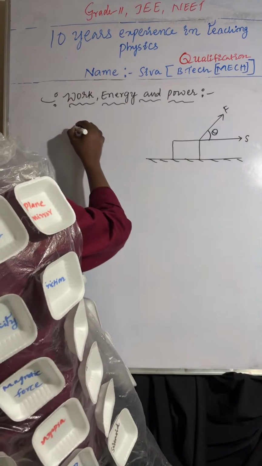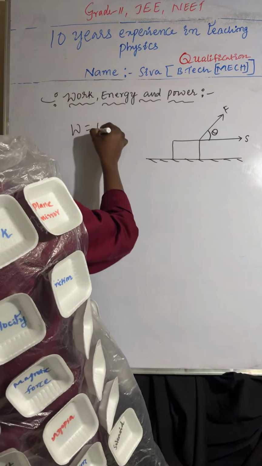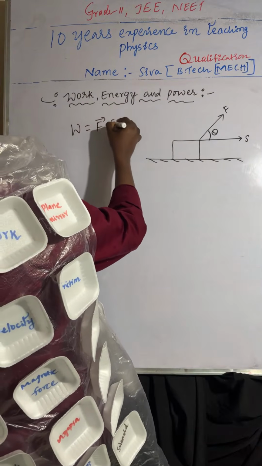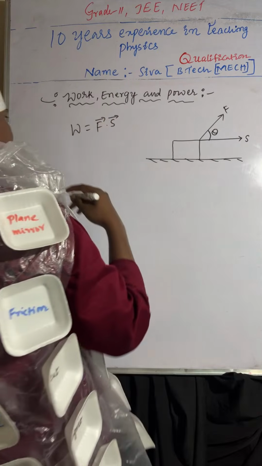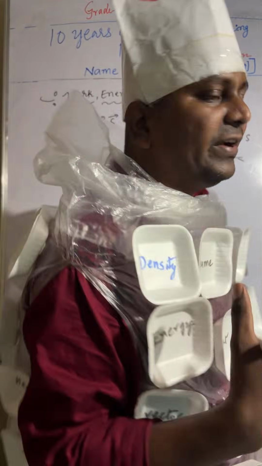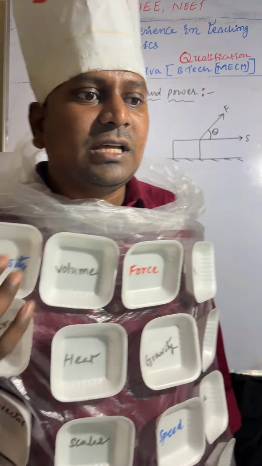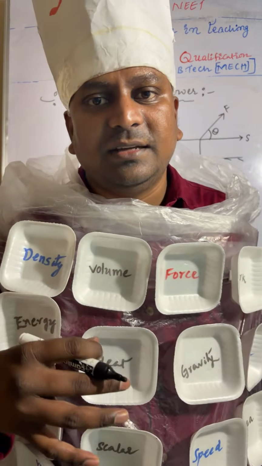Now you can see W equals F bar dot S bar. Force and displacement are both vector quantities. What is vector and what is scalar?